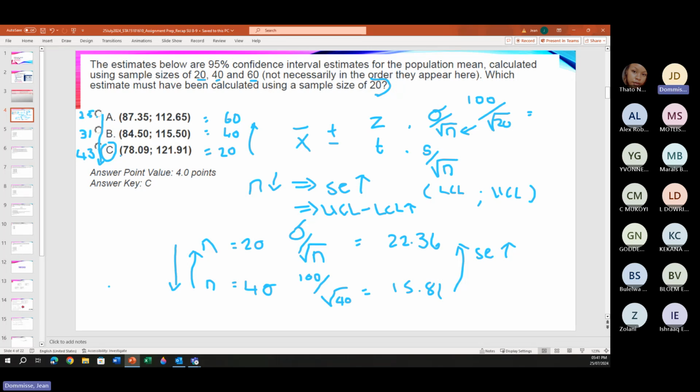The reason why I also showed the other two is because you might get that for some of you, the option is to ask for a sample size of 20. Some might need to say what's the one in the middle, so 40.